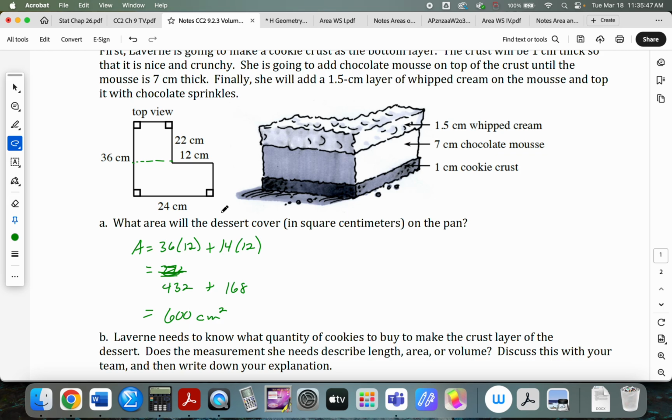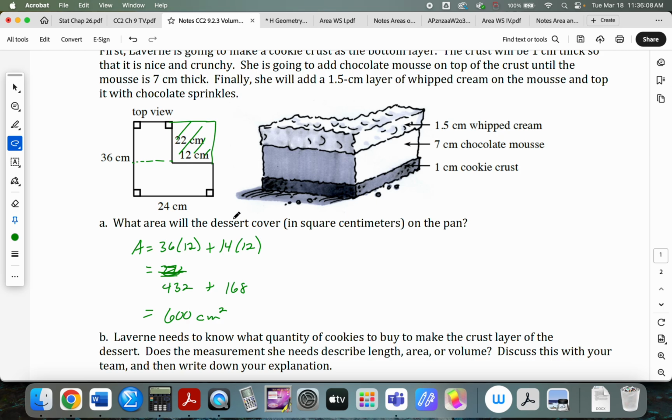The other thing you could do is a whole big rectangle and then subtract out this piece. The nice thing about that is that you don't have to add or subtract to find any of the measurements. Everything's given to you.